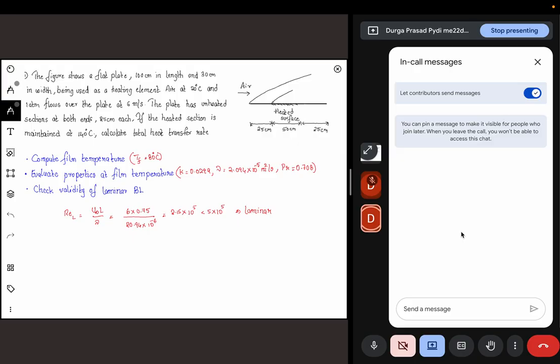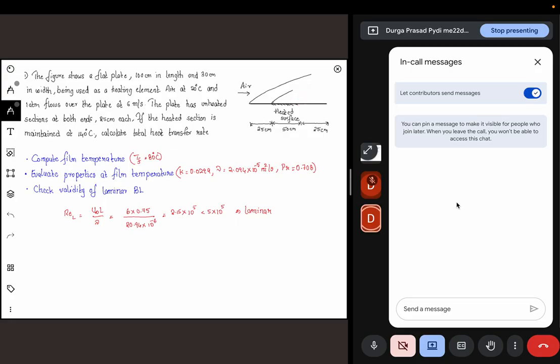I have written the answer here, but why is that particular one chosen and not the other? The hydrodynamic boundary layer starts from this point, so the origin of the coordinate system for the hydrodynamic boundary layer will be at this point. So we'll be using that x value, x equal to 0.75.